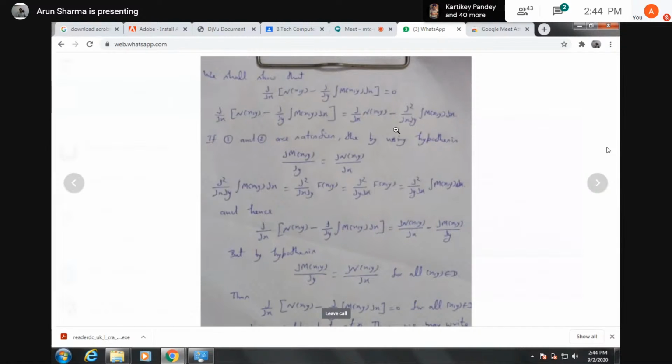On taking the left hand side, you take this ∂/∂x inside. Then you will get ∂N/∂x minus ∂²/∂x∂y, because ∂y is already there, of the integration of M(x,y) ∂x.